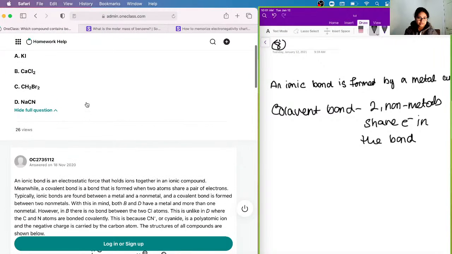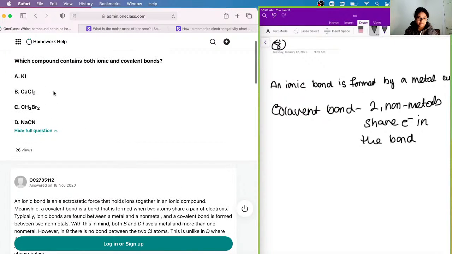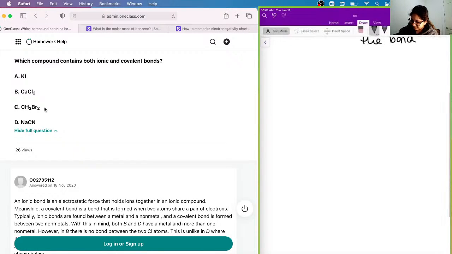And so we can draw out the compounds. We have A, glucose, we have our ion iodide. I would put all the lone pairs. This is your negative ion.